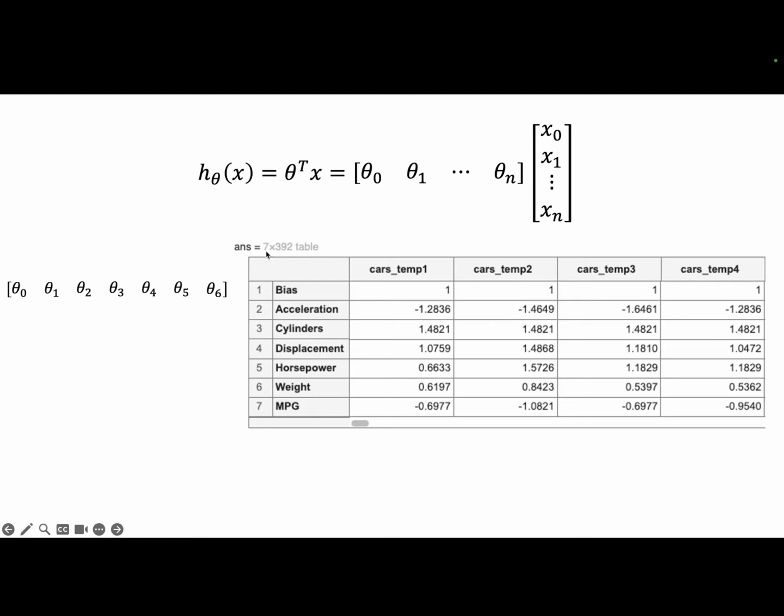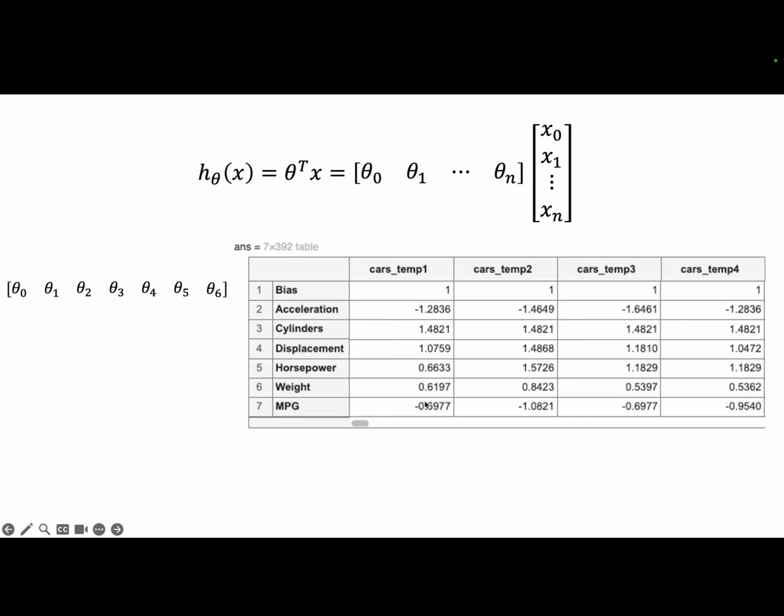So, naging 7 by 392 na array. So, mas madali yun gawin kasi 'di ba this is 1 by 7, 1 row by 7 columns, a matrix with 1 row by 7 columns. Tapos ito ay matrix na 7 rows by 392 columns. Siyempre, pag binultiply natin sila, magkakaroon tayo ng 1 by 392 na matrix.